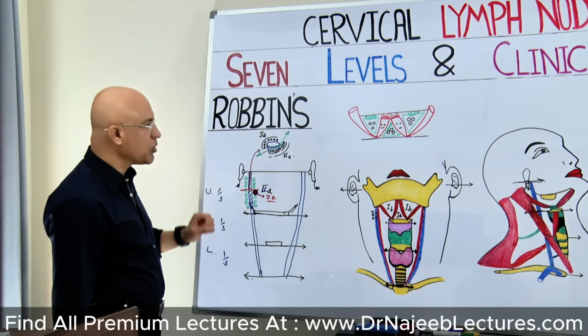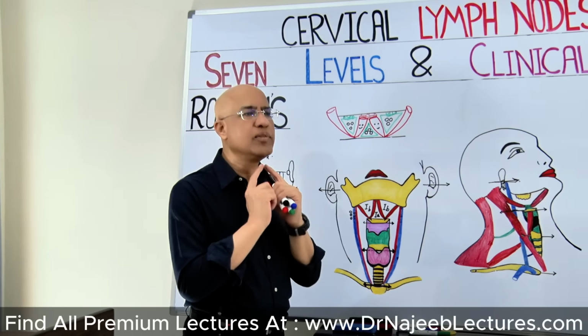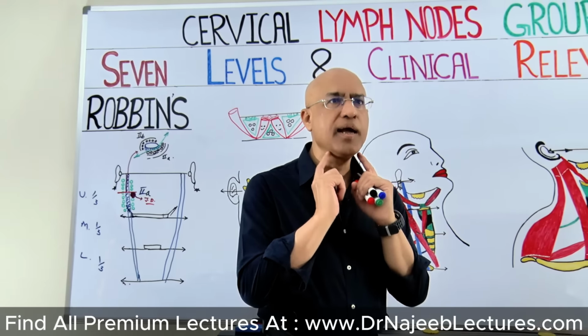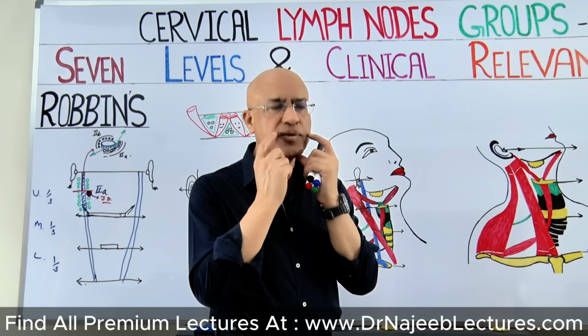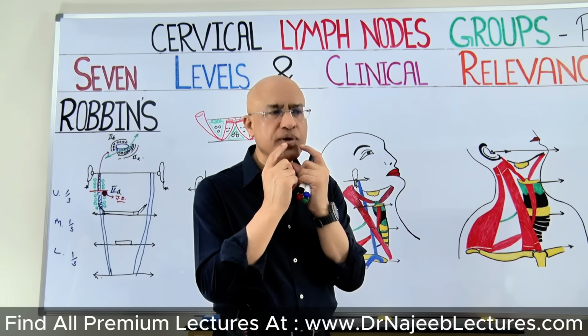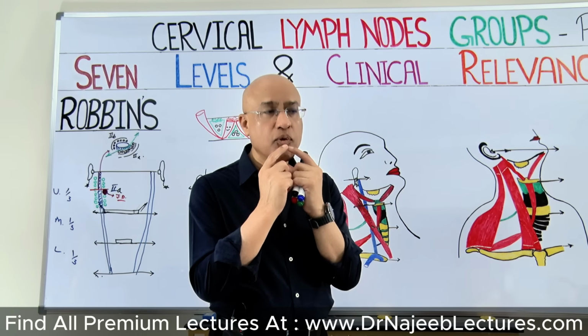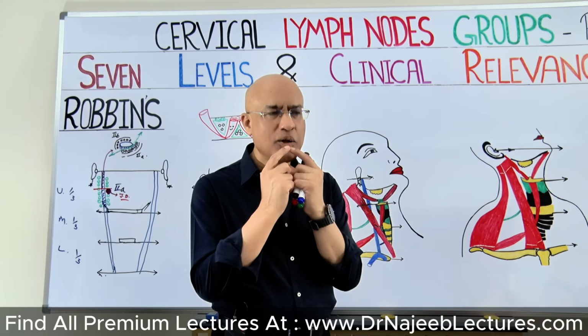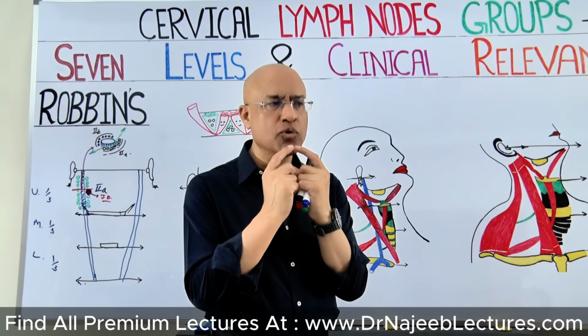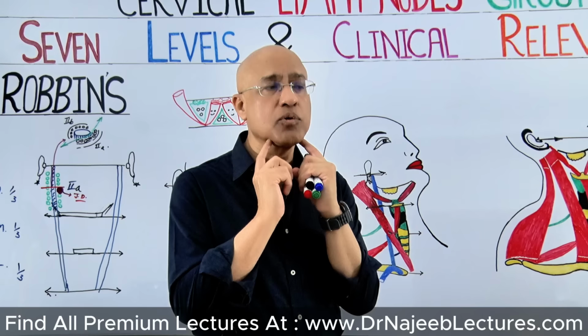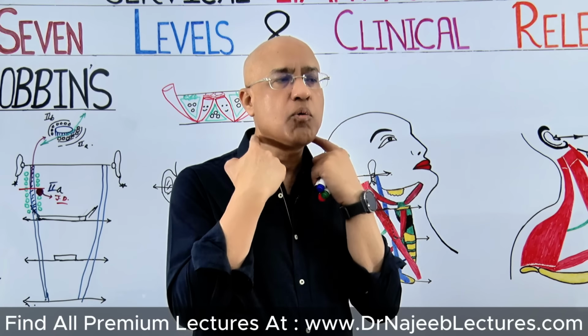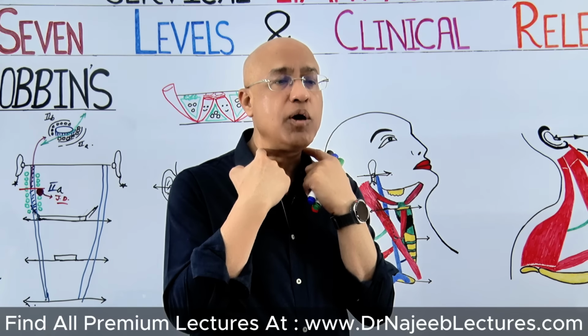One more thing which I want to highlight: as I highlighted that in group 1A and 1B, there were cancers and infections from where? Floor of the oral cavity or floor of the mouth were draining here. So now, what is draining in level 2?